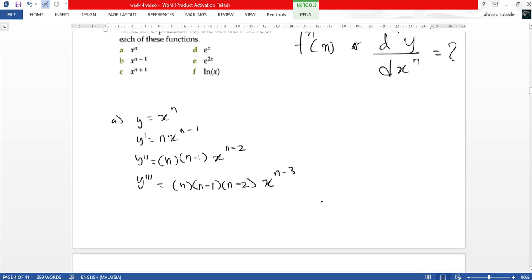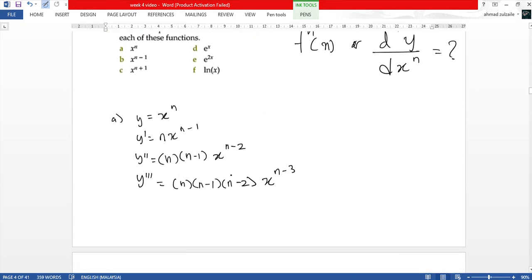So I believe you can see the pattern here. So what is our y^(n)? If you can see from here, this is actually a factorial form. Remember, n factorial equals n times n minus 1, n minus 2, n minus 3.